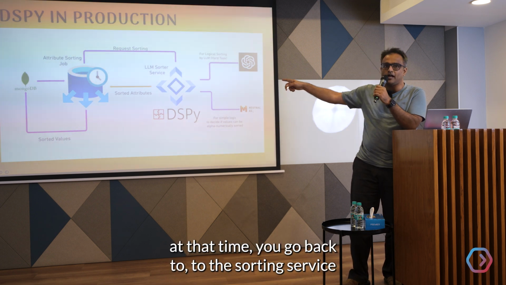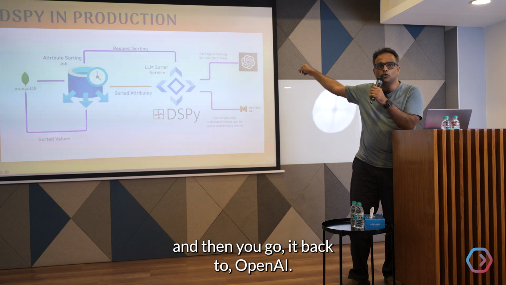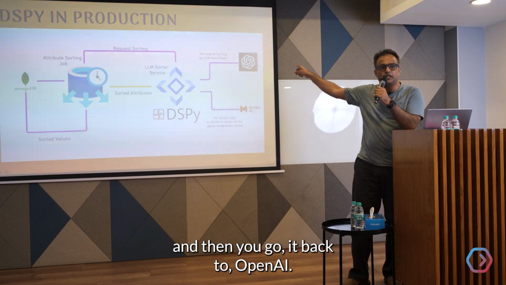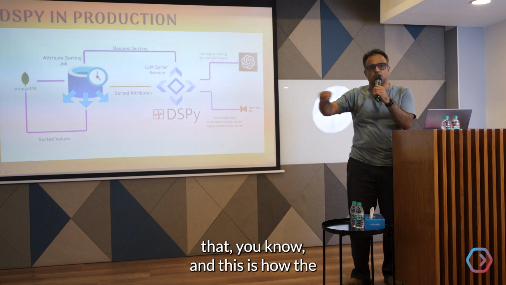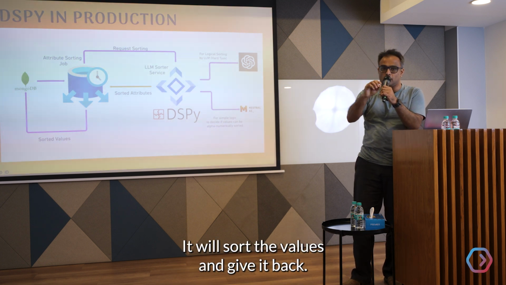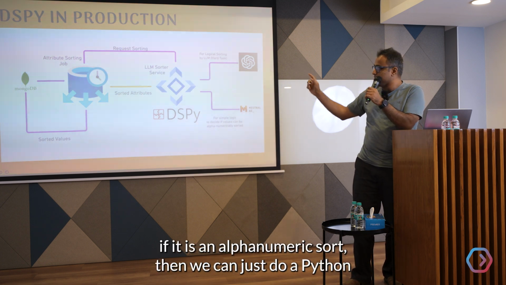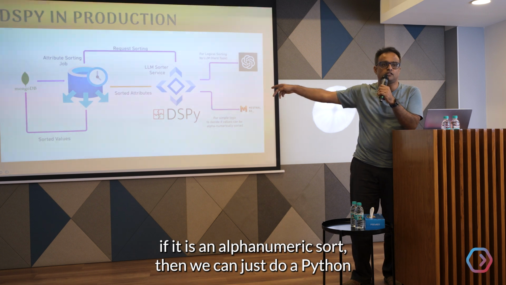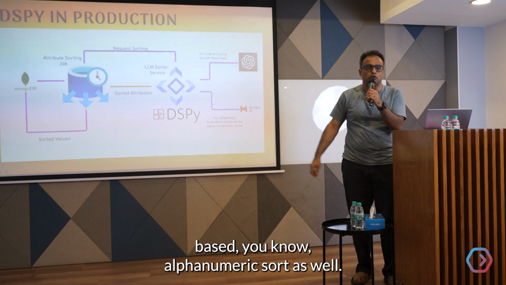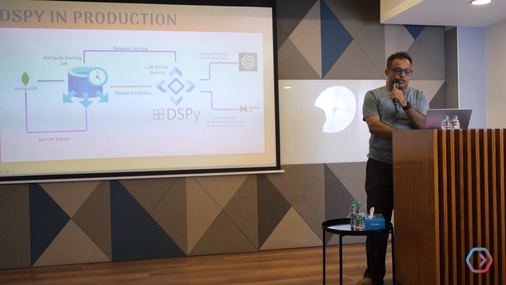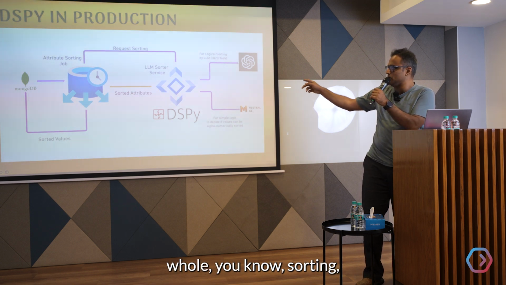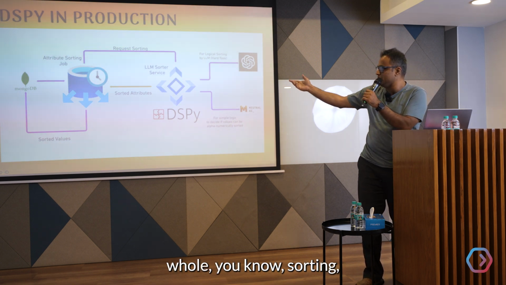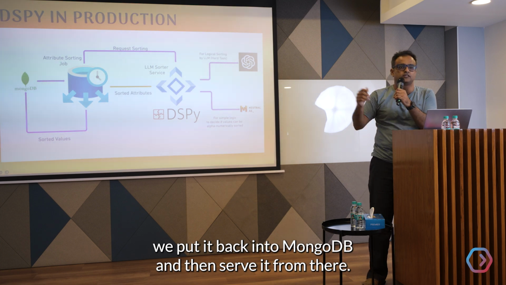At that time, you go back to the sorting service, and then you route it to OpenAI. OpenAI is going to now make a decision that, this is how the sorting needs to be for this. It will sort the values and give it back. If it is an alphanumeric sort, then we can just do a Python-based alphanumeric sort as well. So once we do this whole sorting, we put it back into MongoDB and then serve it from there.